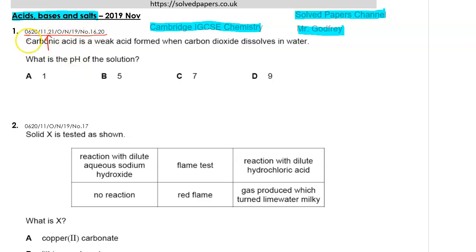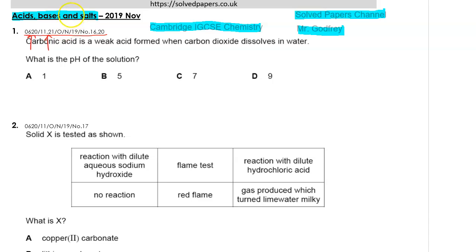Of course, 0620 is the exam code for chemistry IGCSE. So this tells you which paper the question we are solving was set in, and you can use this to help you refer and also cross-check with the marking scheme if you so wish.